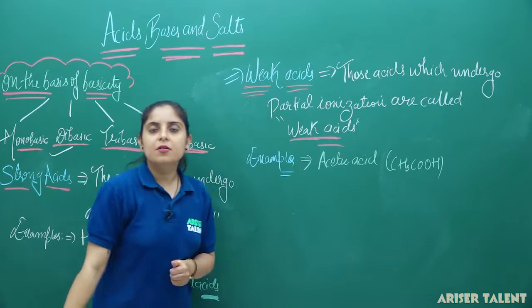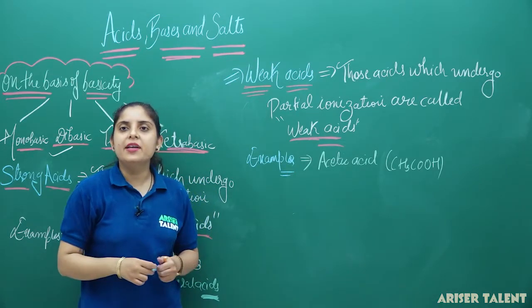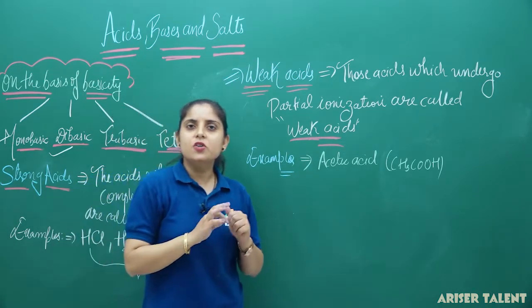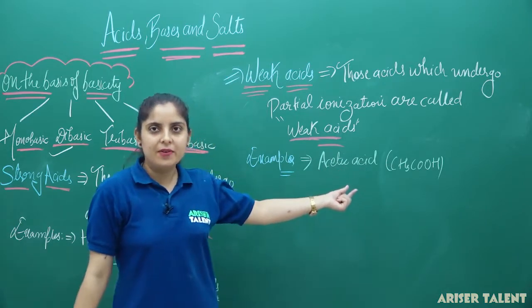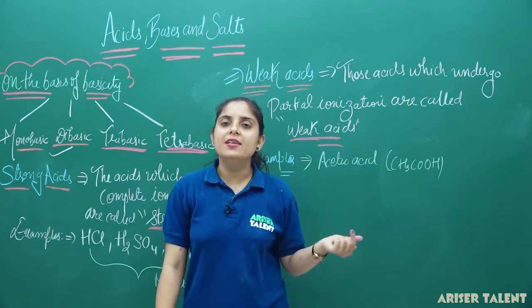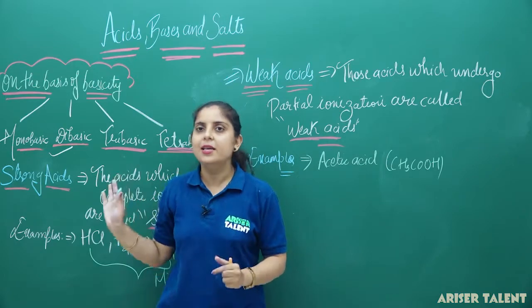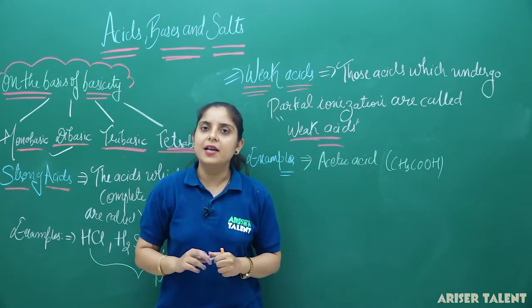Acetic acid is a weak acid. If I am talking about citric acid, vinegar, these all are actually, the acetic acid is actually a vinegar. If I am talking about citric acid and other acids except mineral acids, they all are your weak acids. Clear?